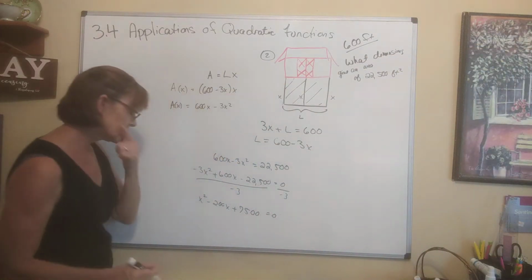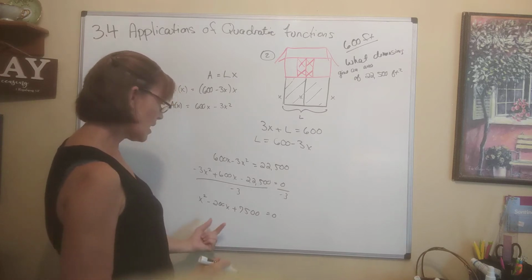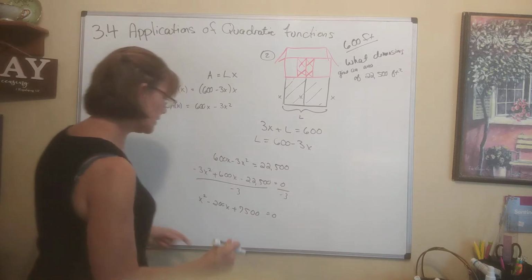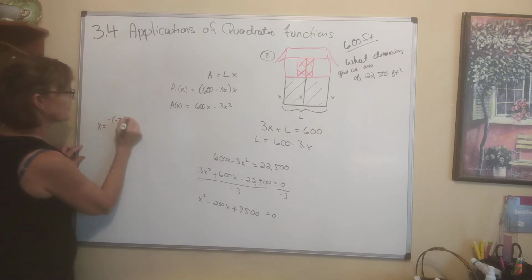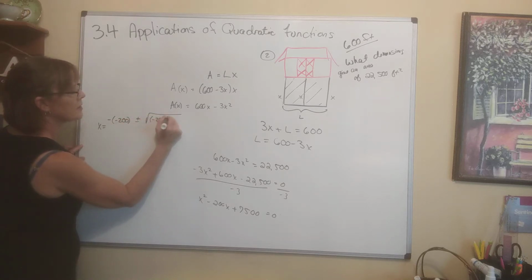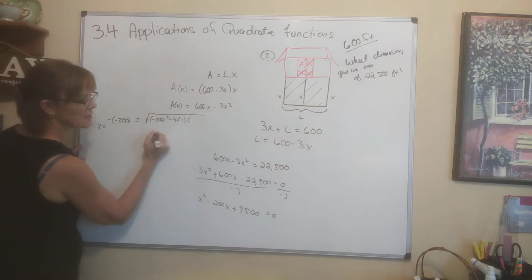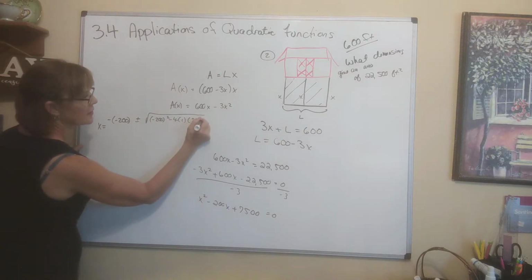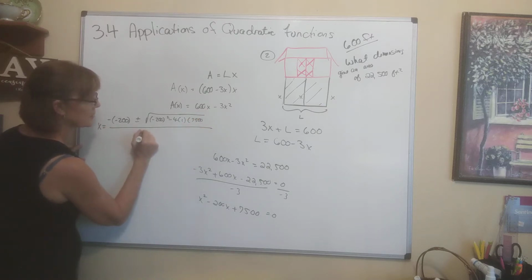All right, I think this is factorable if you want to try to factor it. You can also just use the quadratic formula, and I think that's what I'm going to use this time. X is equal to negative b, negative 200, plus or minus the square root of b squared, negative 200 squared, minus 4 times a, which is 1, times c, which is 7,500, all over 2 times a.